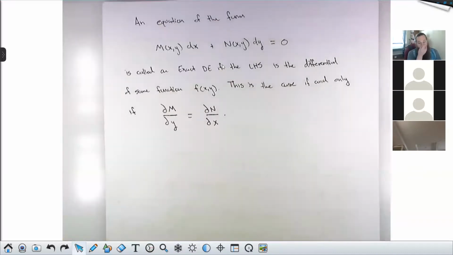And this may remind you of the Cauchy-Riemann equations from complex variable theory, if you've heard of that.